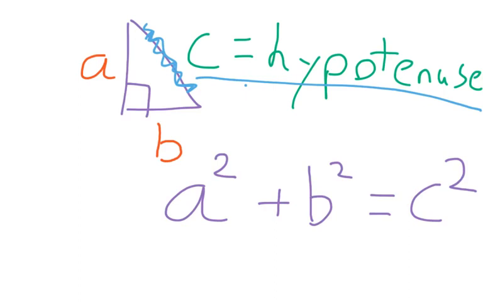So let me give you some examples of this. Let's say that I have my right triangle, and that this side right here is 12. And then the bottom of it is 16.